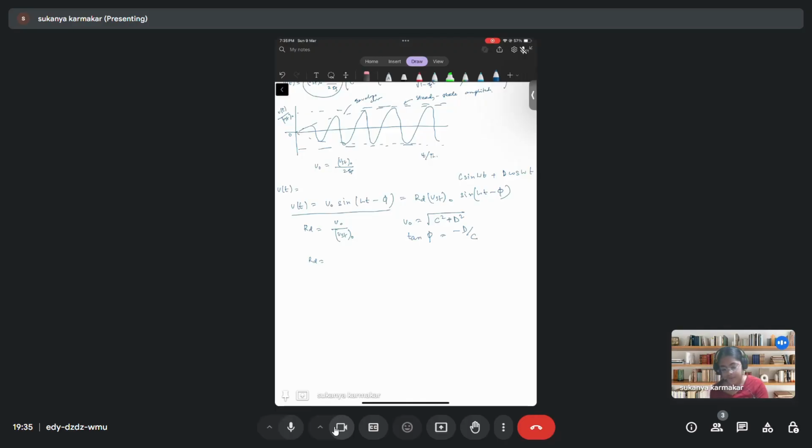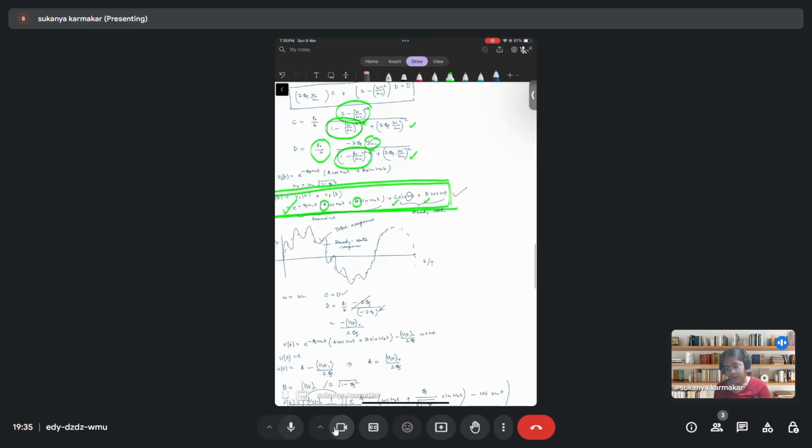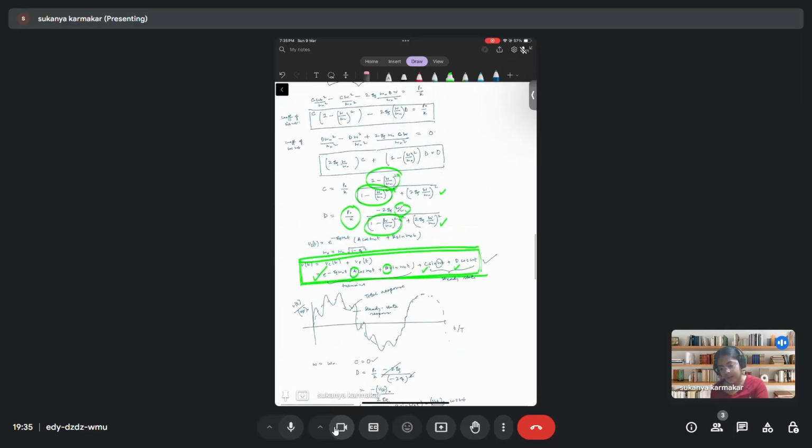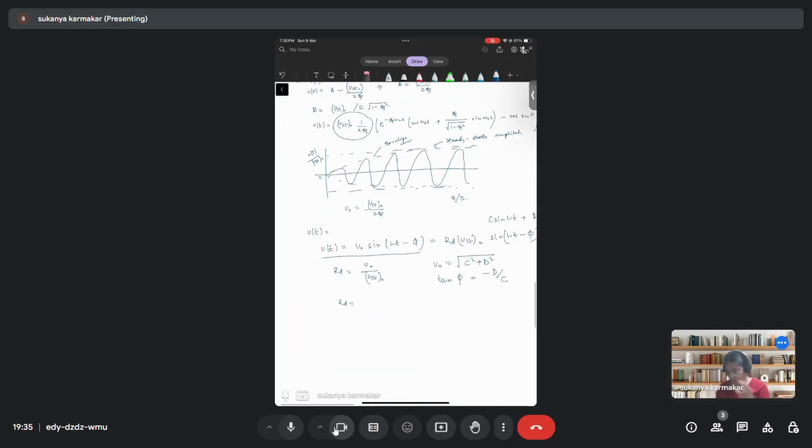So if you substitute u naught is equal to under root of c square plus d square, and we just wrote down the two equations for calculating c and d, and we also calculated the value of c and d. If you substitute everything, the equation which you will get is of the format 1 over under root of (1 minus (omega by omega n) whole square) whole square plus (2 zeta omega by omega n) whole square.